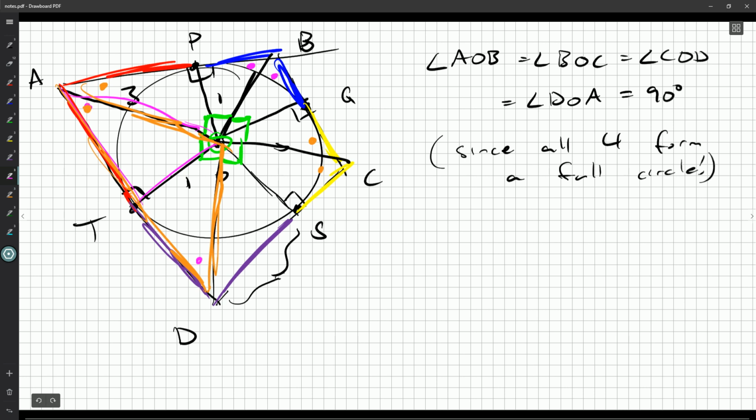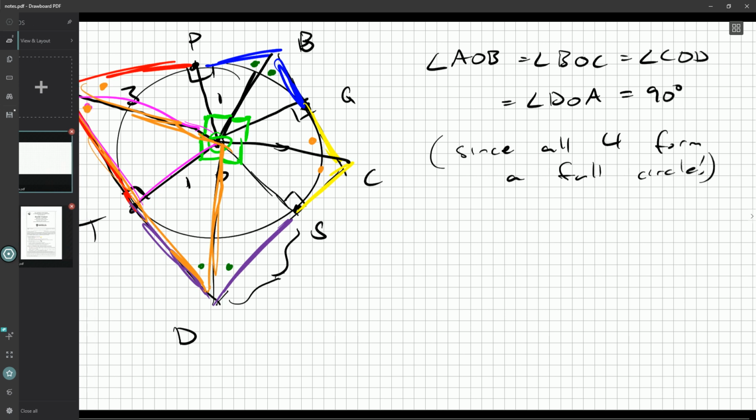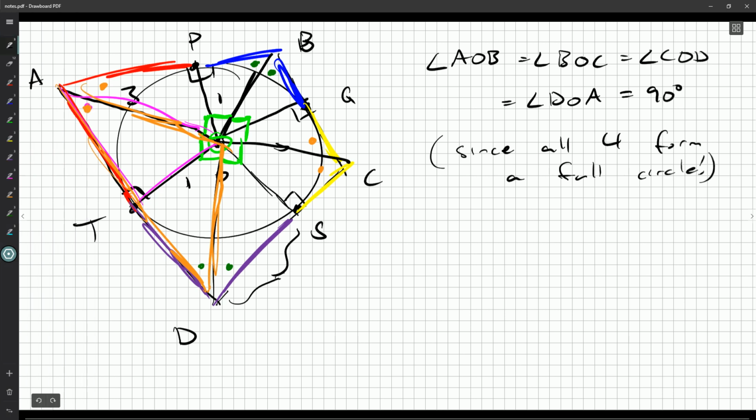Let's not be confusing, let's give them their own color. Forest green, I guess, angles as well. There we go.